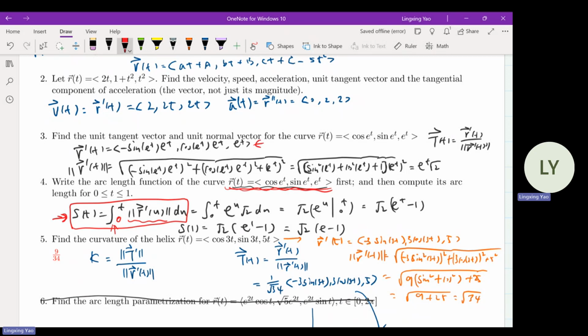Oh, here in the question above, we computed the tangent vector. So we just need to compute the length of it. Well, it is already computed also. So we put this e to the t times square root 2 into the integrand here, and use the integration variable u. So it becomes e to the u times square root 2. Then we find the antiderivative of this, and evaluate at the two ends of the integral. So this is what we have.